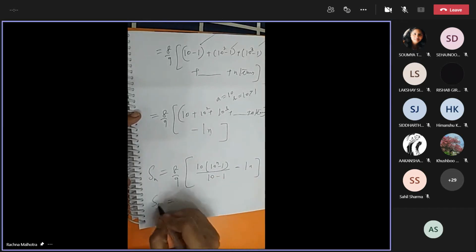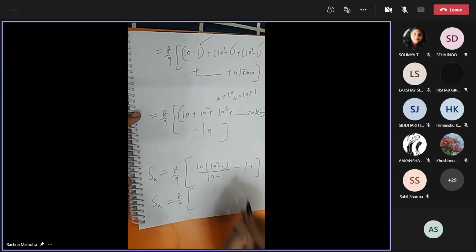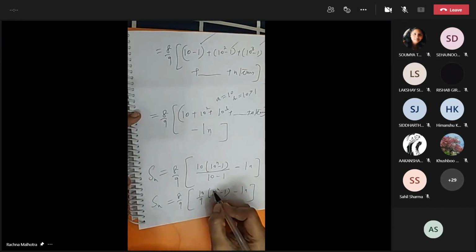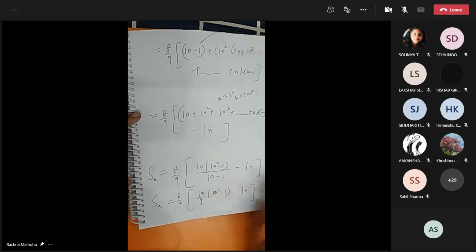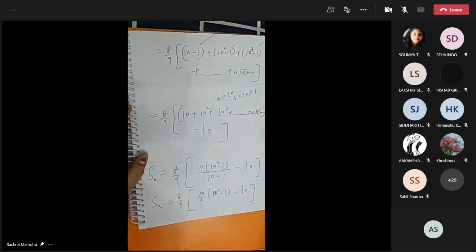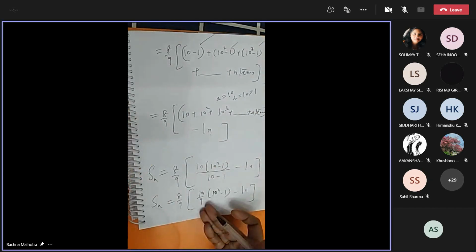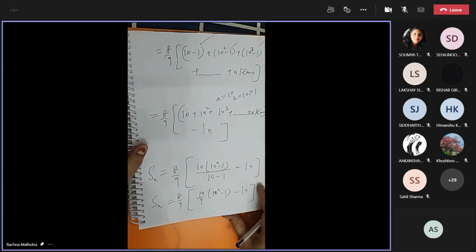Let's solve it a little bit more. This is 10 by 9. You can leave the answer till this step also. You can solve a little more if you want to.